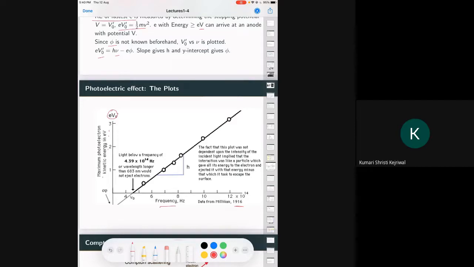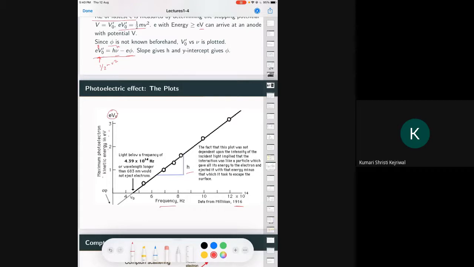When you get a straight line, that fits our proposition, which comes from half m v squared. So eV0 prime is equal to h nu minus E phi, and I'm plotting V0 prime on the y-axis, nu on the x-axis. So the slope is h, and the intercept is E phi.